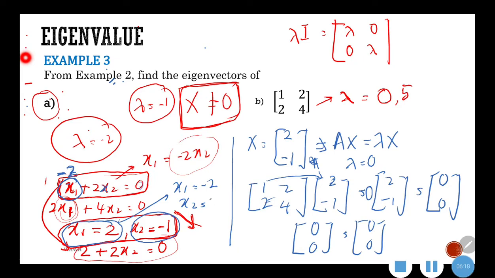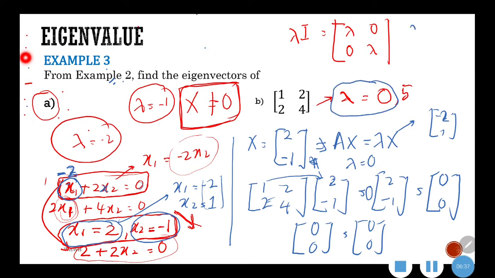Of course, x2 equals 1. So another possible solution is (-2, 1). Alright, so we're done with lambda equals 0.